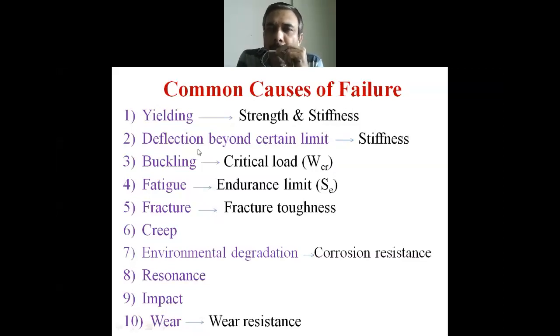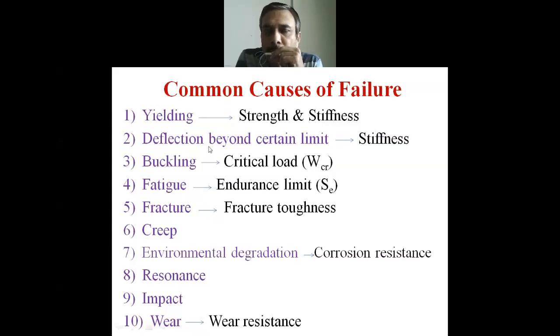So now next, that is deflection beyond a certain limit. Most often you find components are designed on the basis of strength, but for components where deflection matters, this criterion was not very much thought of when design was newly started. In most cases, the component is safe in terms of strength, but from the deflection point of view, it is going beyond its limit.